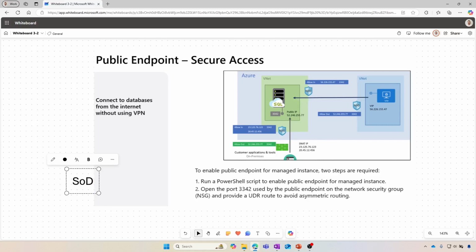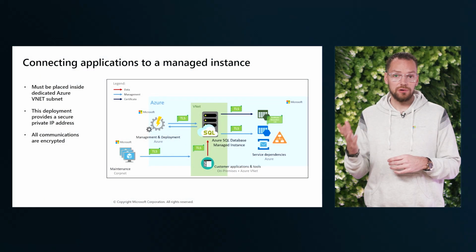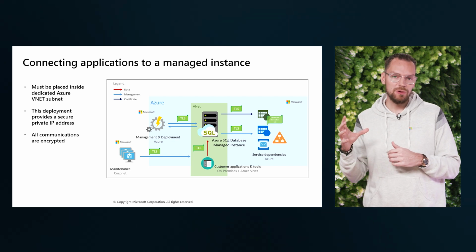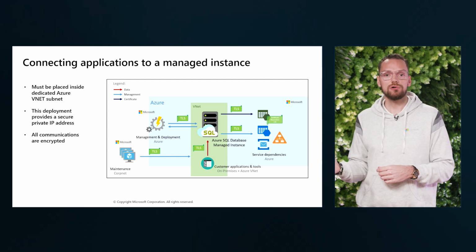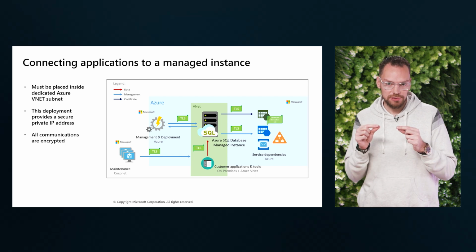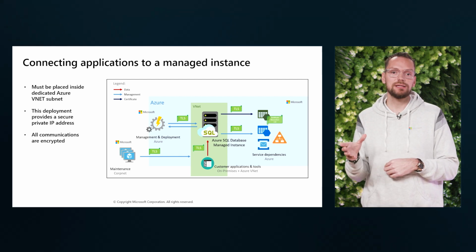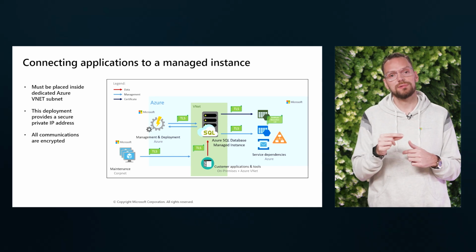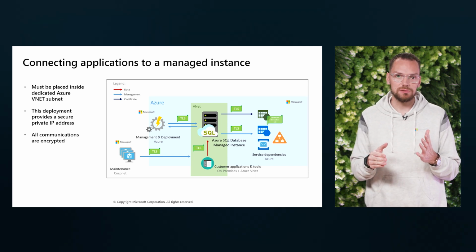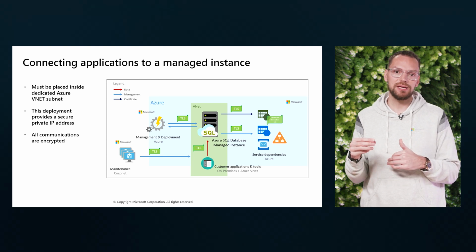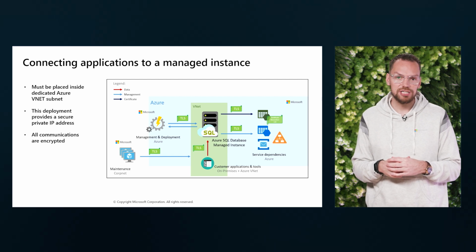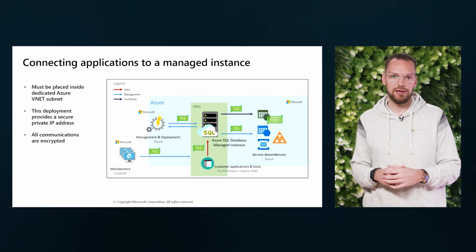Now let's go back to the presentation. To connect an application to a SQL Managed Instance, the instance must be deployed within a dedicated Azure Virtual Network and subnet. This setup ensures a secure private IP address and facilitates the connectivity with the on-premises network. Connection to the Managed Instance database can be established using different methods, including the Azure Portal, PowerShell, Azure CLI, and REST API.